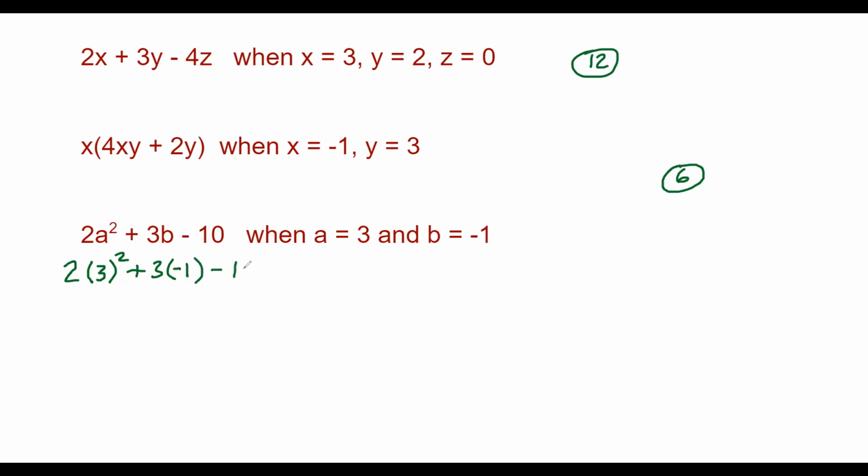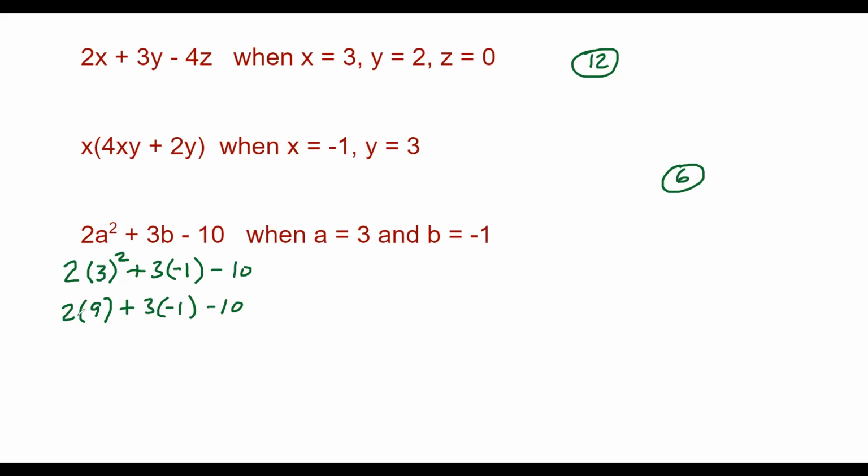And then finally, minus 10. So let me work that down below here. We're going to first square that 3 because exponents come next. That's 9. 2 times 9. I'm going to leave all the rest of it alone for now. We'll do it step by step.